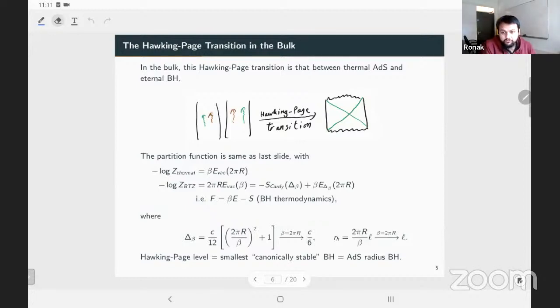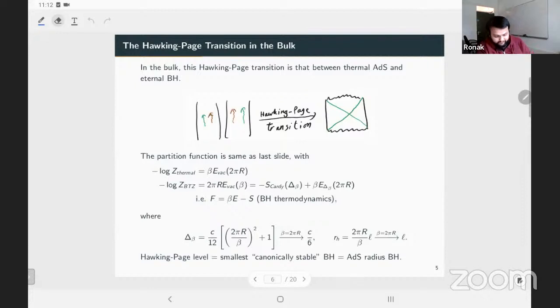And of course, when beta is less than 2 pi r, then the conformal dimension increases. So this is the smallest conformal dimension for which the bulk is a black hole. And the corresponding horizon radius, so r_H is the radius of the horizon, is just the AdS radius.